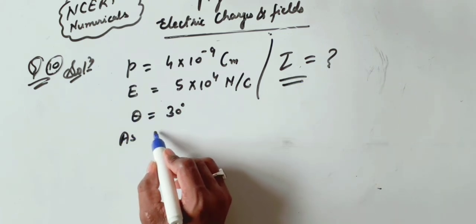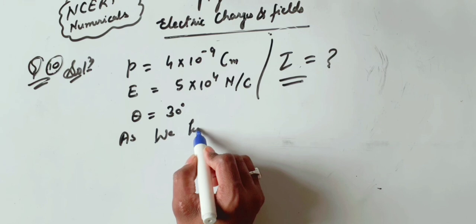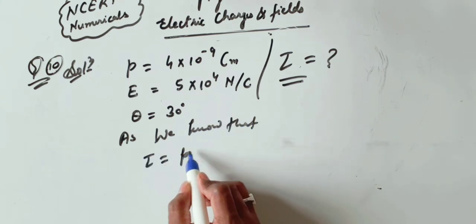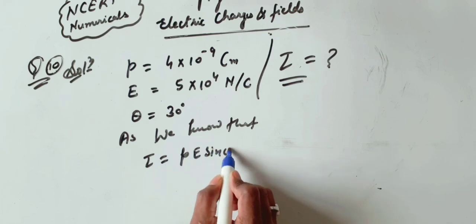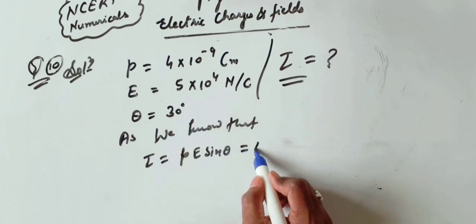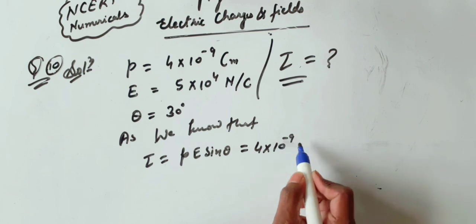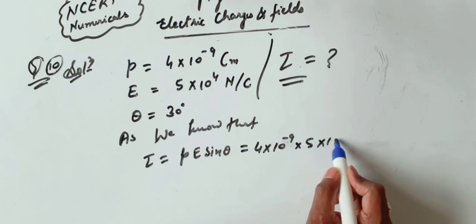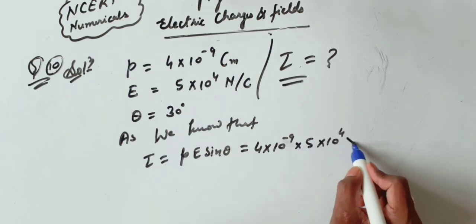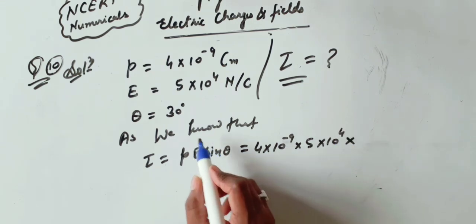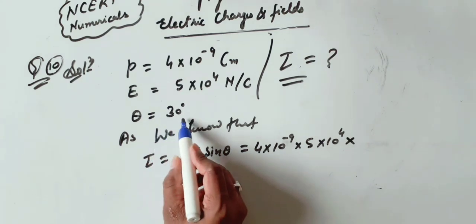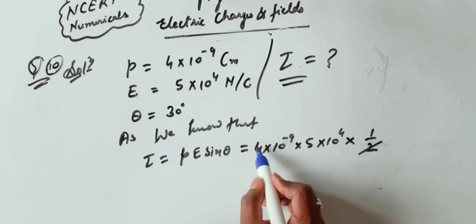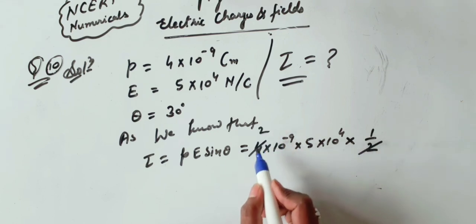As we know, torque will be equal to PE sin theta. Here the value of P is 4 × 10^-9 coulomb meter, the value of the electric field is 5 × 10^4 Newton per coulomb, and the value of theta is 30 degree, so sin 30 will be equal to 1 by 2, and from this 2 it will cancel.